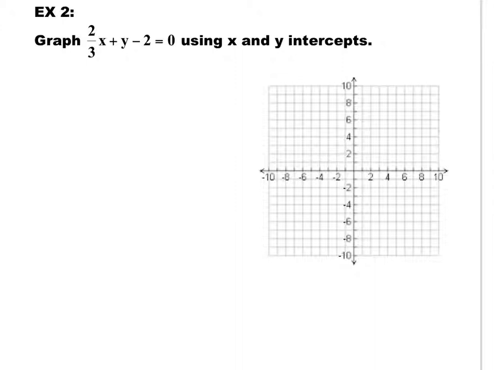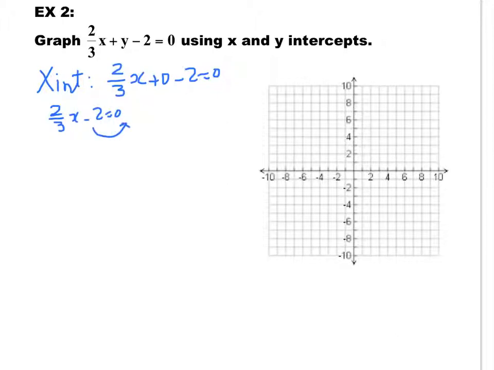So to find the x-intercept, I'm going to set y equal to 0. So I'm going to get 2/3 x plus 0 minus 2 is equal to 0. Now, 0 does not change anything about the equation, so I get 2/3 x minus 2 is equal to 0.